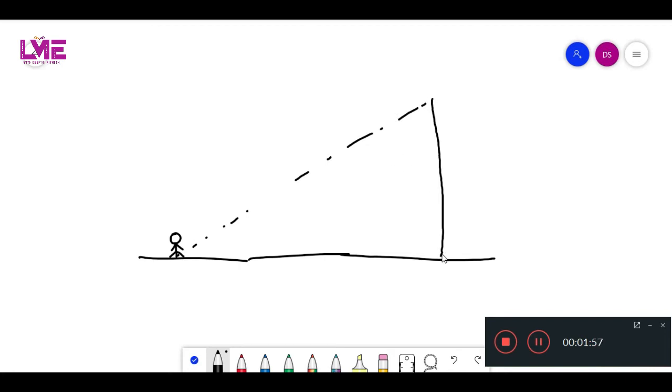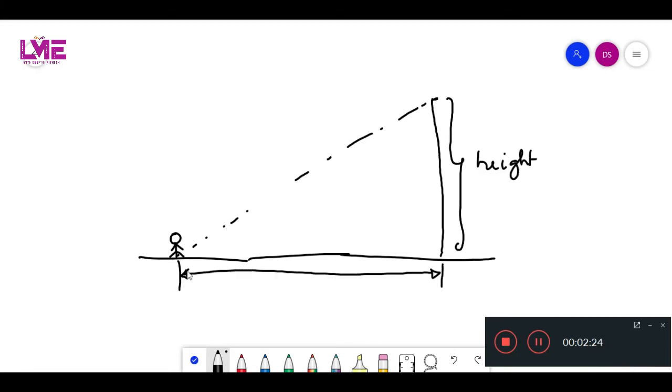Okay, fine. Now you can see here, this is the top of the tower, and this becomes the height of the tower. So this is the distance between the base of the tower and the man standing here. Now if you see the line of vision here, which is given in dotted line, forms a hypotenuse of the right angle triangle.